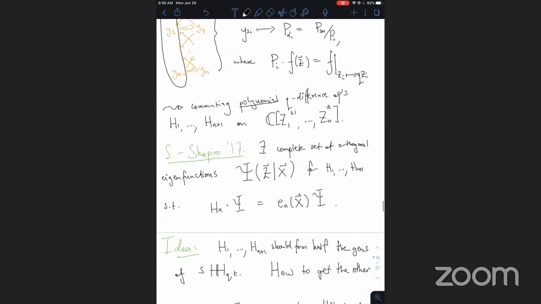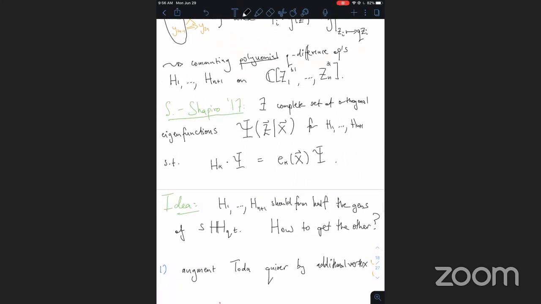So the idea is that if we want to cook up a polynomial functional realization of DAHA, then why don't we take these Toda Hamiltonians, in the realization we've just described, to be half of the generators of DAHA?